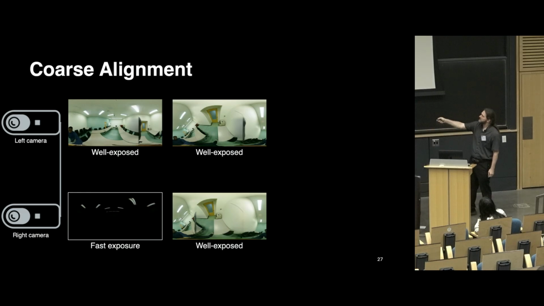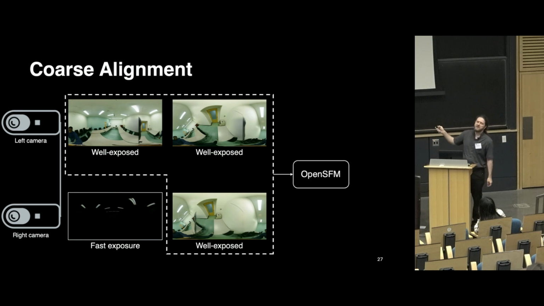So in addition to capturing the regular well-exposed and fast exposure, we restart the apparatus where both of them capture a short well-exposed sequence, and then we run it through OpenSfM, which is like COLMAP, but is more readily available for 360 panoramas.